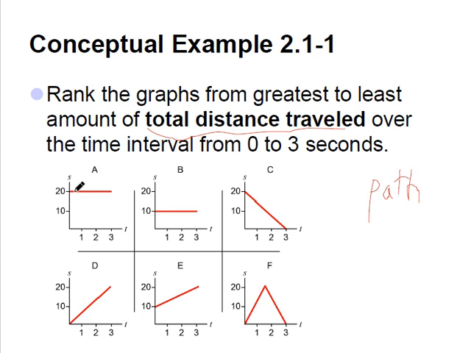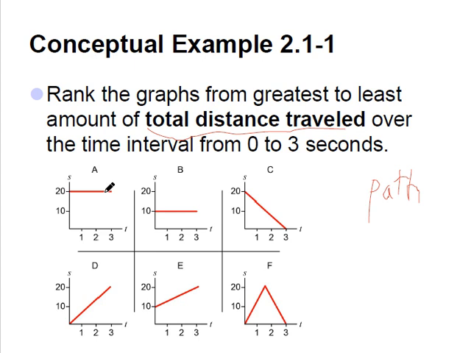So the very first one, when you look at it, it is at 20, but it doesn't move. Why? Because at 0 it is 20, at 1 second 20, at 2 seconds 20, and at 3 seconds still at 20. It means 20 is not the amount, it is the position.